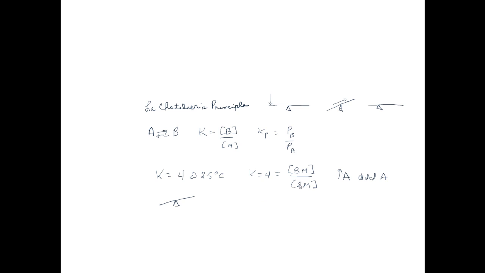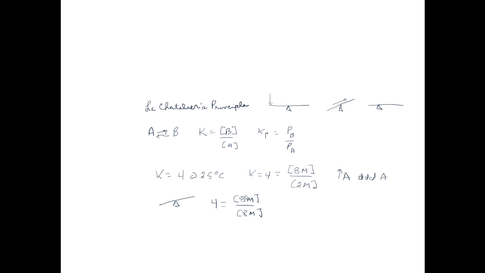Maybe A goes up to 8. And 8 divided by 8 would be 1. So let's just say that's what happens. Okay, so K is 4. And over on this side, we now have 8 molar B and 8 molar A.